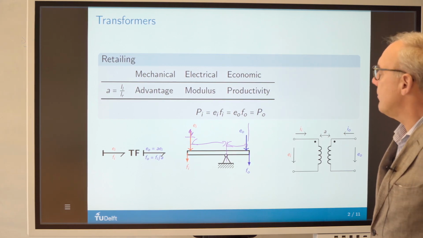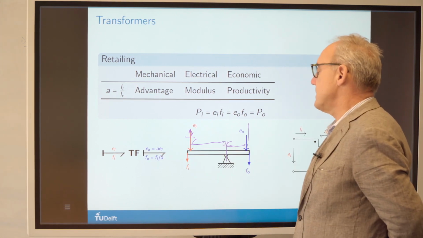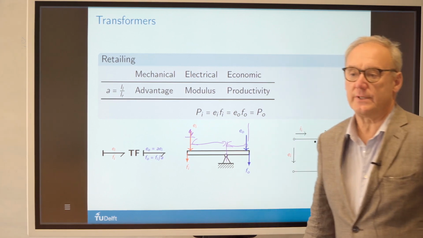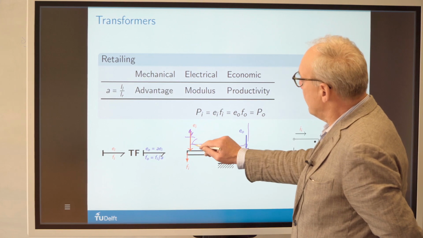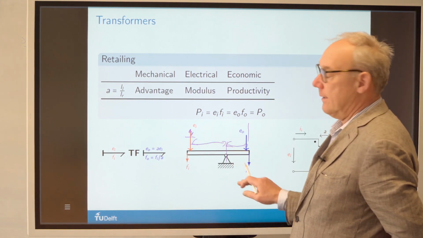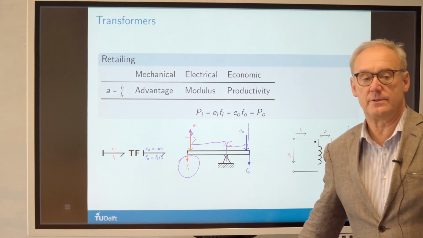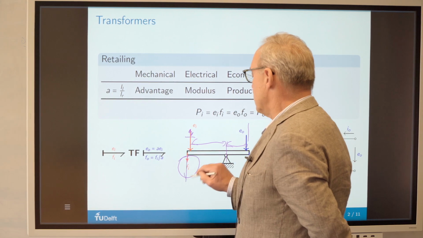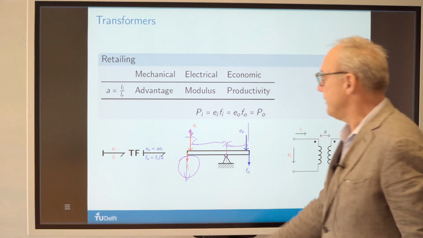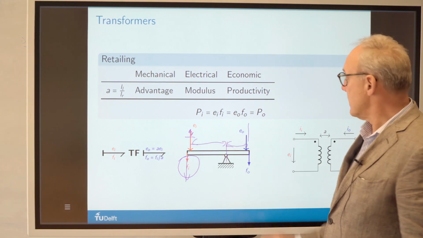Now, you can't just amplify a force without paying a price for it. The price you pay here is that although the force is much lower here, you'll have to travel a larger distance. So you'll go at a much higher velocity. That's the distance per time that you travel if you apply a force.